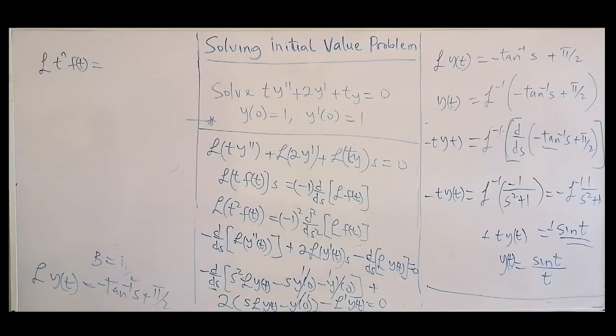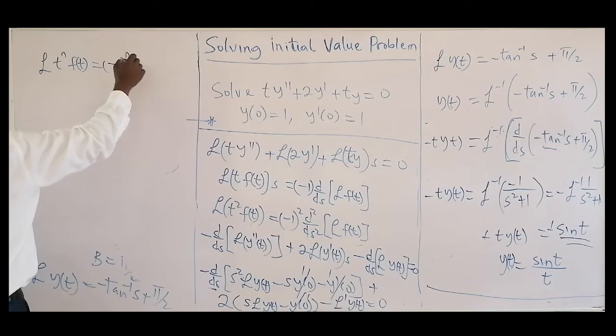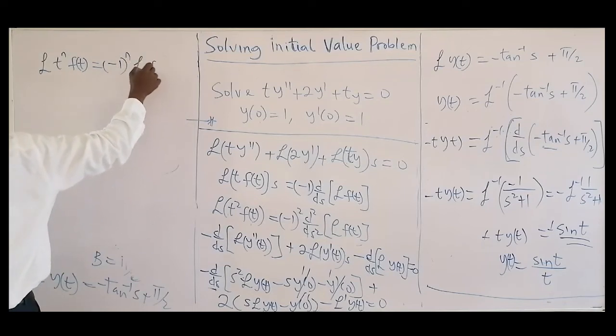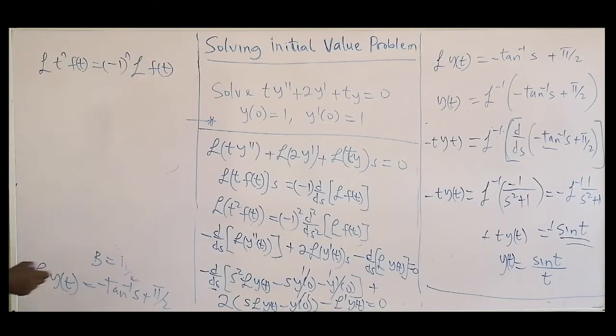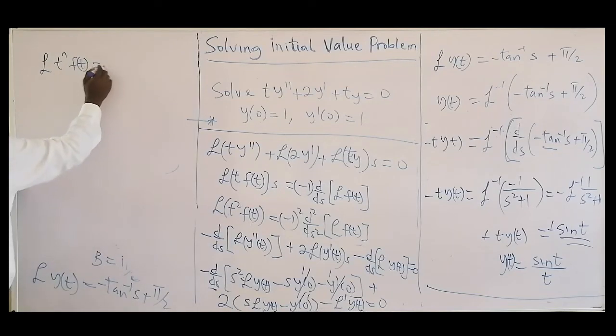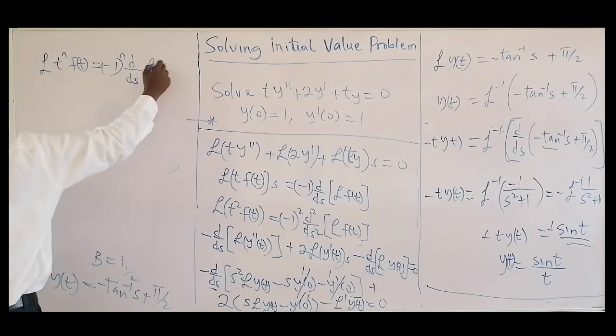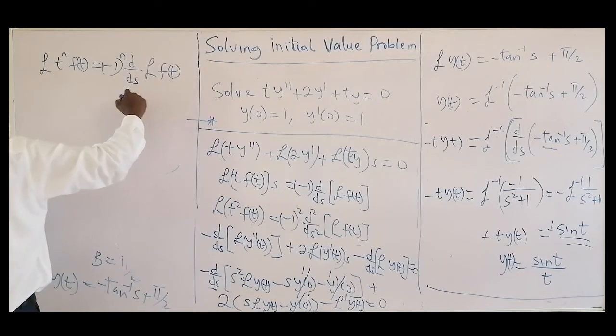Laplace of t to the n times f of t will give you minus 1 to the power n, d dx to the n of Laplace of f of t.